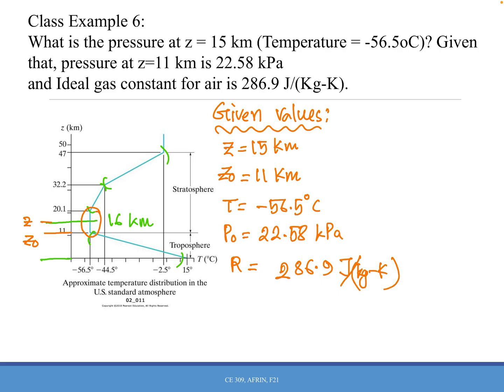These are the given values, and we need to find the pressure at 15, which is P, only P.